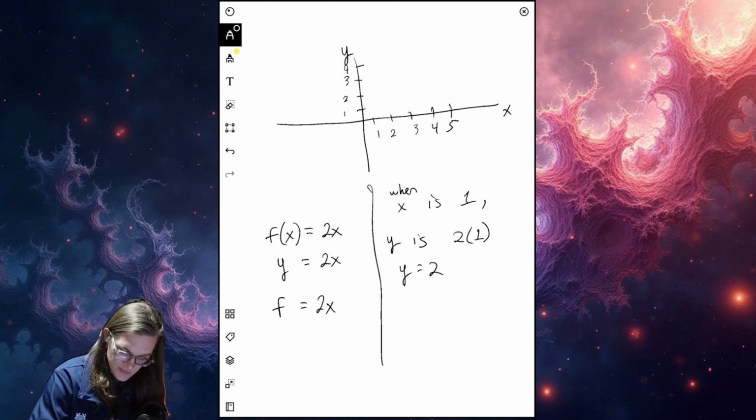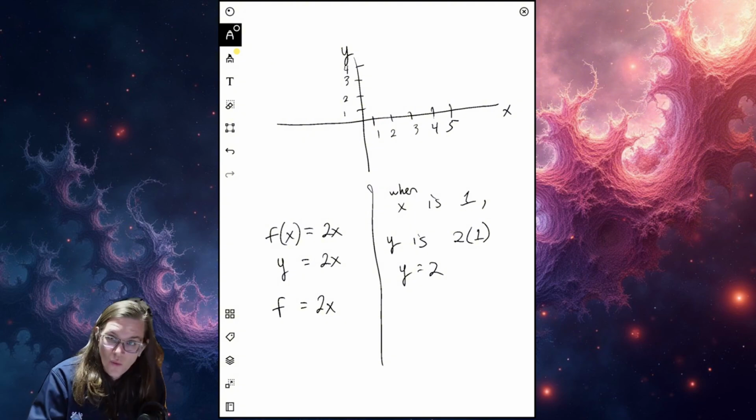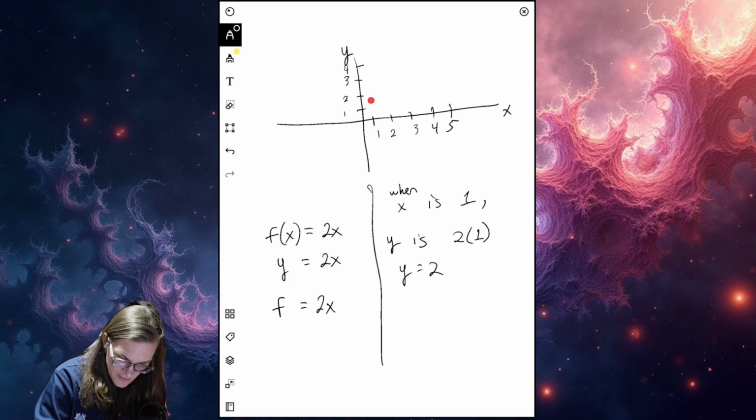So when x is 1, we go over to the x-axis, and then we come up to the 2 on the y-axis, right? And where these meet, we have a point.